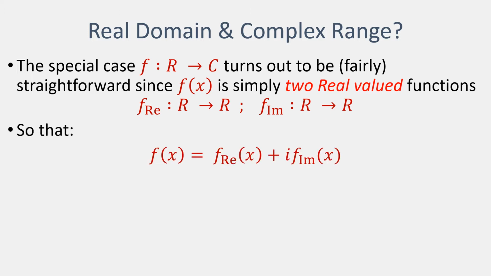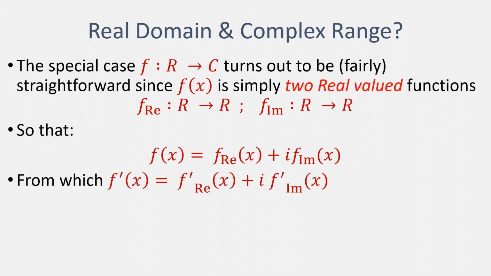So what that means is we take our function, which is mapping from real values to complex values, and we can write that as a function defining the real part plus this object i multiplied by the function defining the imaginary part.